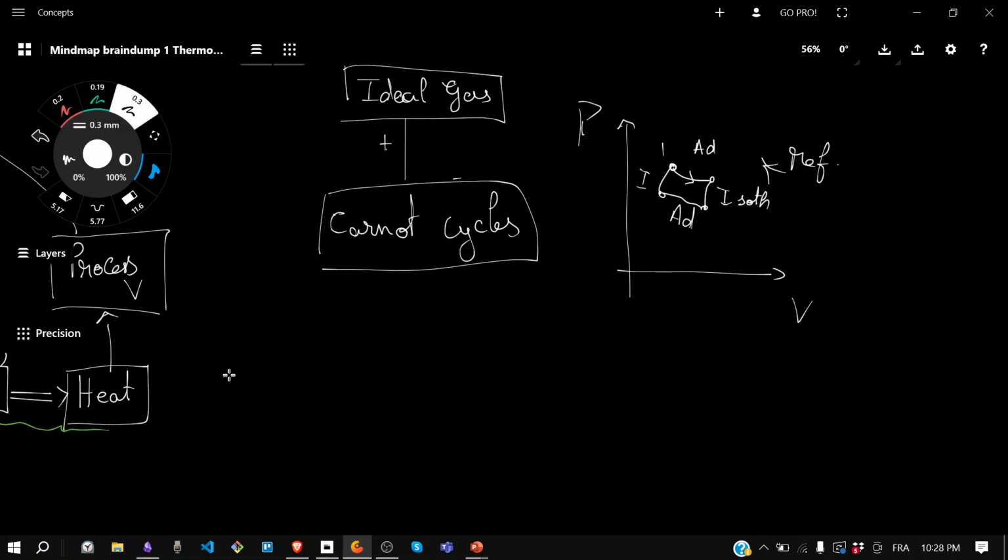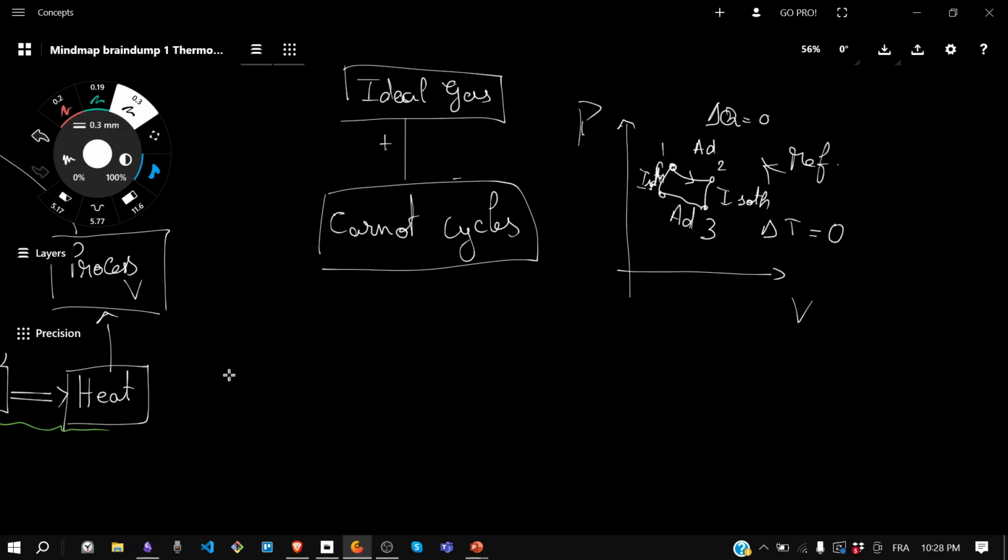And this is a path, a process. Adiabatic means that the heat change is equal to 0. So going from point 1 to point 2, we have no change in heat. Going from point 2 to point 3, isothermal means, you guessed it, no change in temperature, which means that delta T is equal to 0.